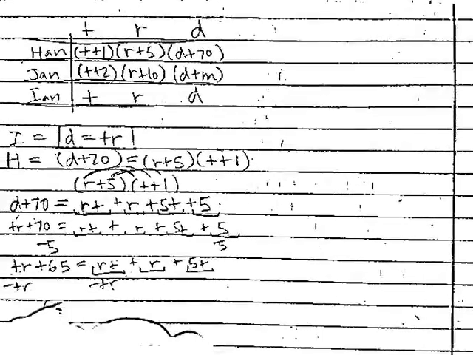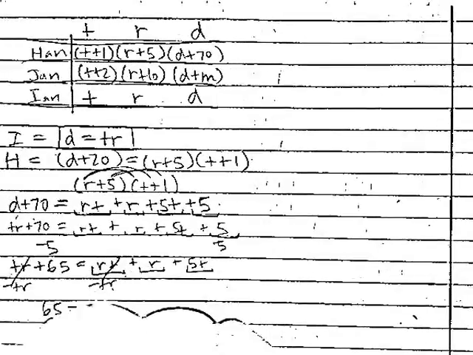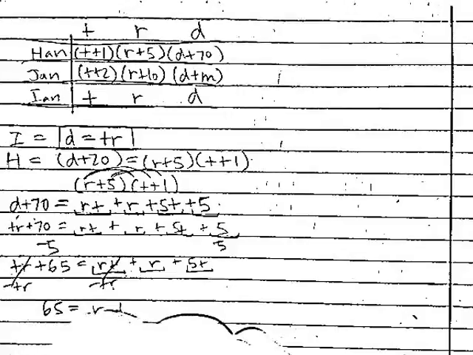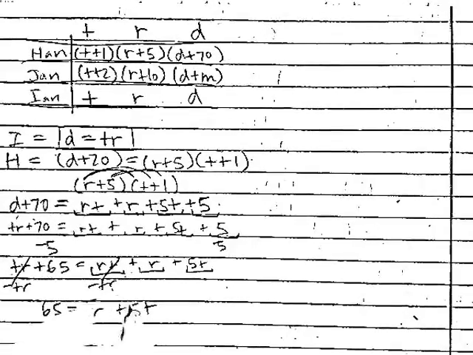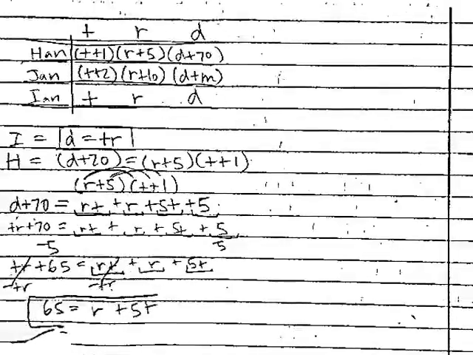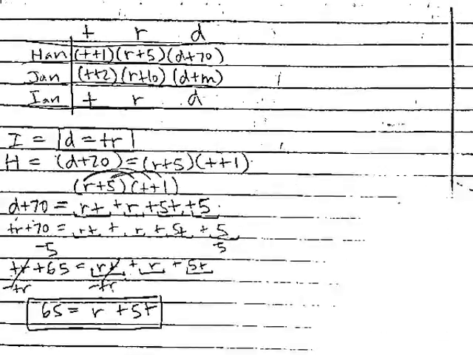Then I would get 65 equals R plus 5t. And this is Han. Since I can't simplify that anymore, I'm going to leave it like that.